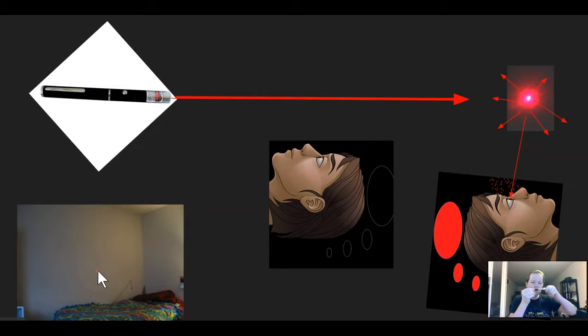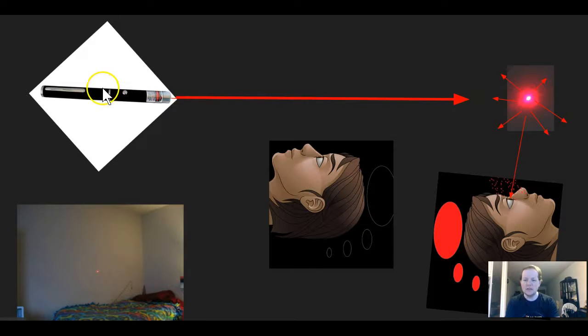The laser pointer shines light. It shines usually red light, though they have other colors. Now, when the laser pointer shines light on the wall, the light hits the wall and it bounces off. It reflects. Remember that word, reflects?